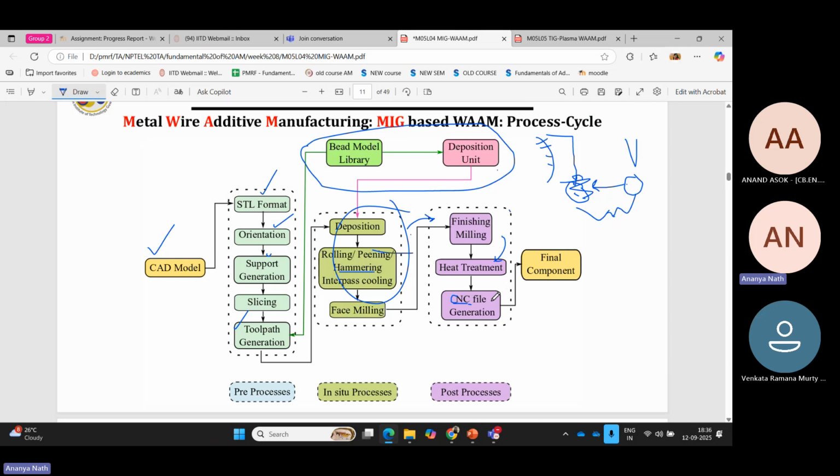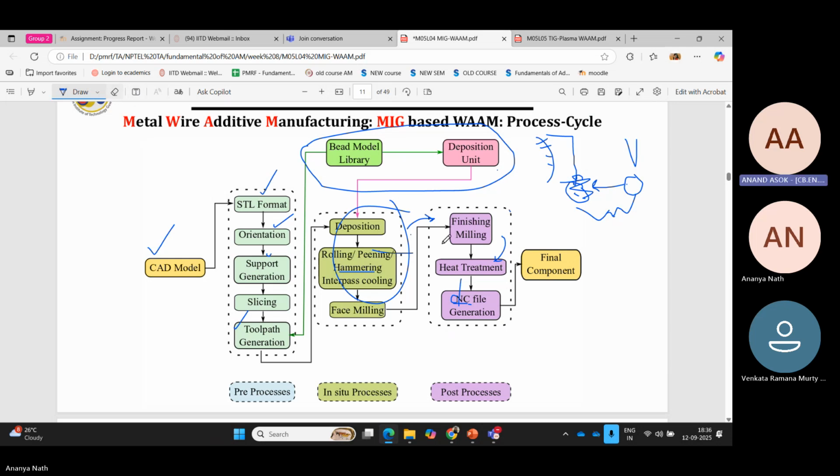So it's kind of the input that you're putting in the machine. Like that, if your machine understands a numerical code, you can put in the machine so that it can understand what type of heat treatment is going to be done, or what type of stress relieving, normalizing, or aging needs to be done. So it's the NC file. NC is numerical coding, and CNC is computerized numerical coding.